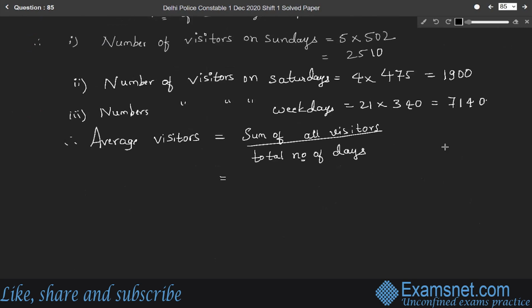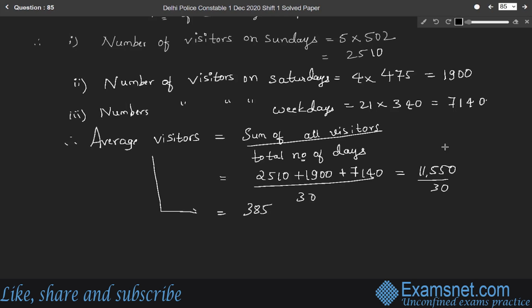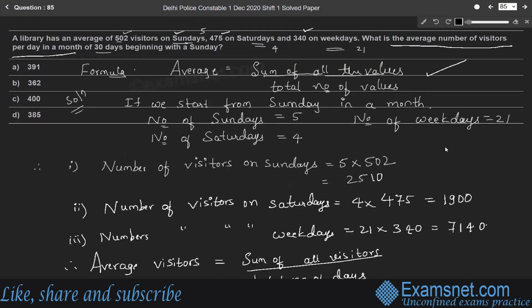So the sum of all visitors is 2510 plus 1900 plus 7140 divided by 30, which is equal to 11,550 by 30, which is 385. So the average visitors per day is 385. Therefore, option D is the right answer.